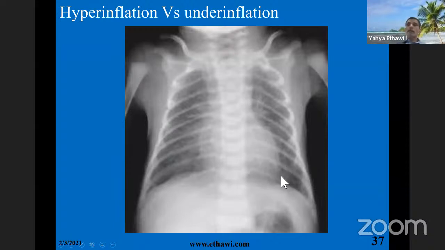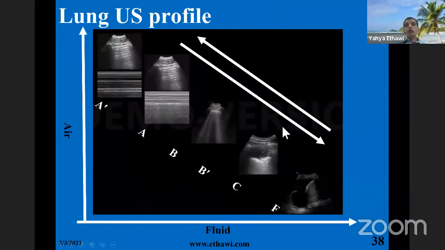Look at the cardiothoracic silhouette, and it should not be very sharp. You should not see the diaphragm depressed. And you should not see very hazy or very aerated lungs. Of course, you can see the level of the ETT, and you can decide the inflation. You can also use the lung ultrasound.